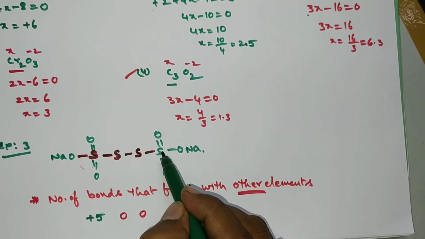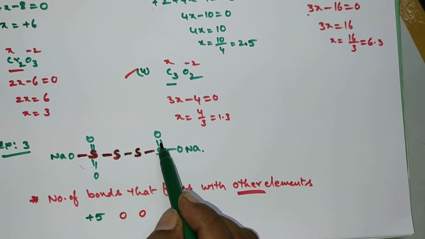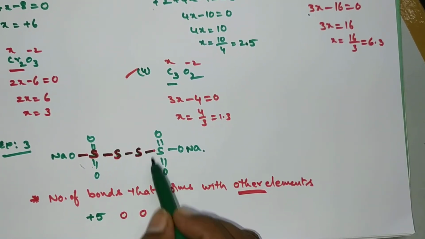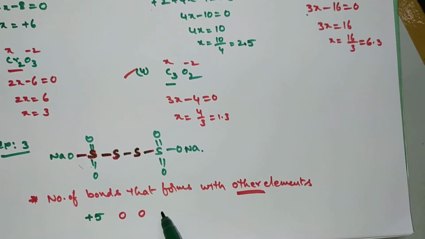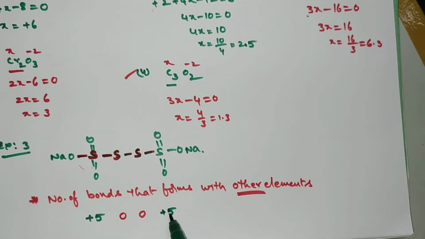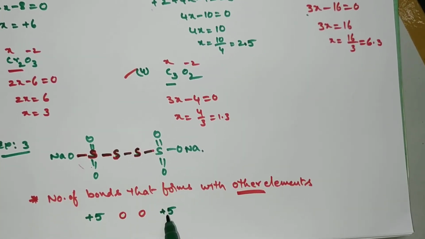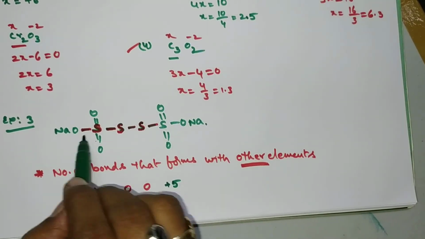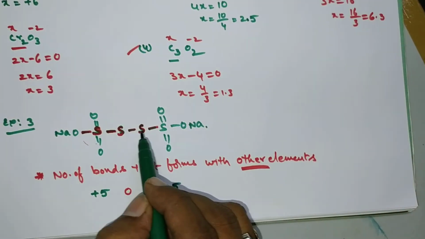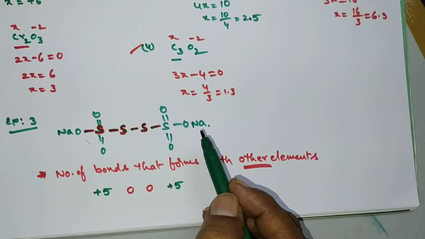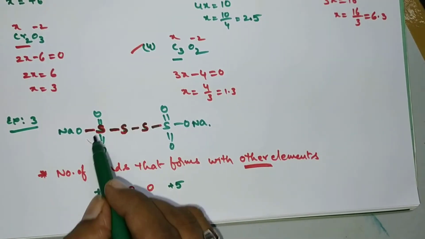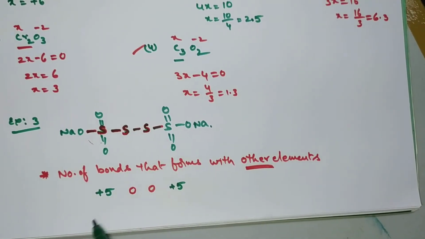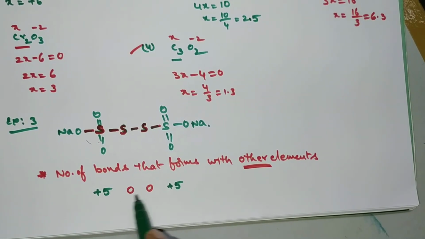Whereas this sulfur forms 5 bonds, so it exhibits +5 oxidation state. So here also +5 oxidation state, and hence the molecule will exhibit fractional oxidation state if we consider the individual oxidation states, that is +5, +5, 0 and 0.